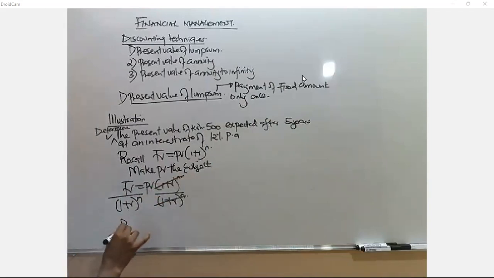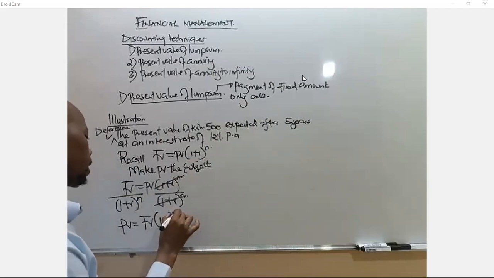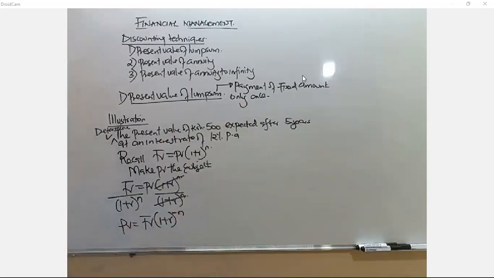So our present value will be equal to the future value times 1 plus r raised to power negative n. Once you reciprocate this, our power is affected by a negative.